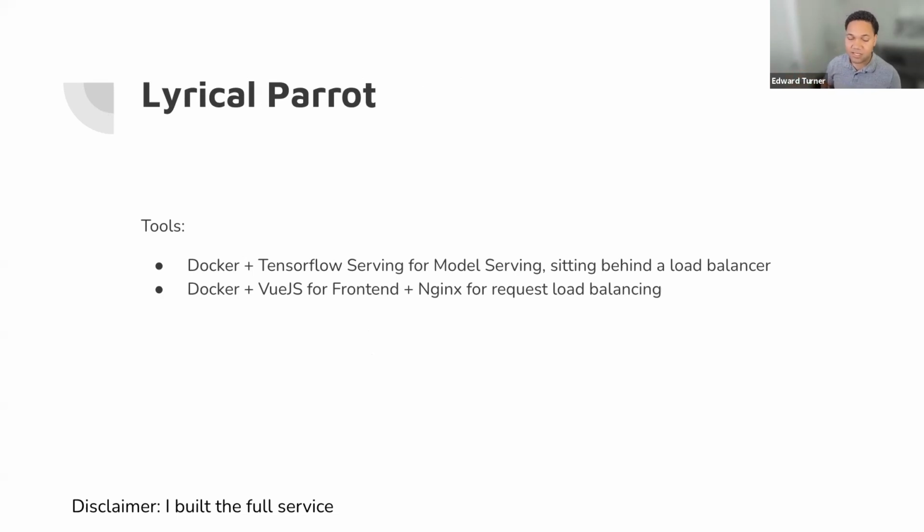And so here, this is actually the Docker and TensorFlow serving for the pure model serving that sits behind a load balancer, which, as I mentioned, is one of the things you might want to do. And then in the front end, you have your Docker and some type of client-facing application. Now, this could all be different between the use cases. But this was used here along with Nginx for proper request load balancing.